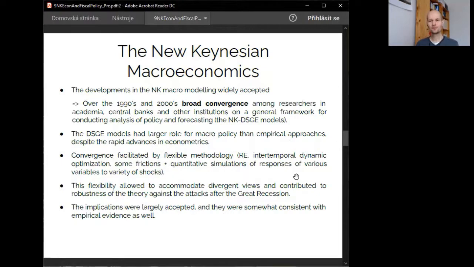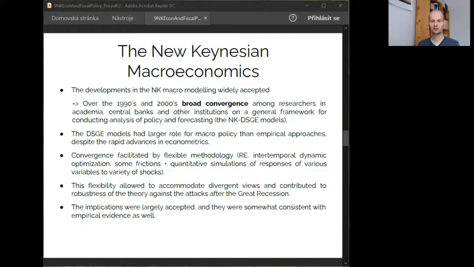Anyway, the developments of the new Keynesian macroeconomic models were widely accepted by economists and also in the central banks and elsewhere. Over the 1990s and 2000s, therefore, a broad convergence among researchers in academia, central banks, and other institutions on a general framework for conducting economic analysis of policy and forecasting appeared.